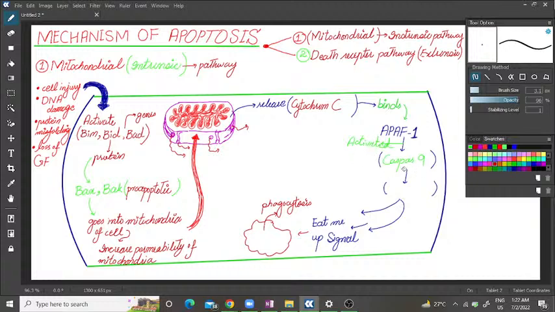After the activation of Caspase-9, this Caspase-9 again activates another enzyme which is similar to Caspase-9, and the name of the enzyme is Caspase-3, which belongs to the group of the caspases.